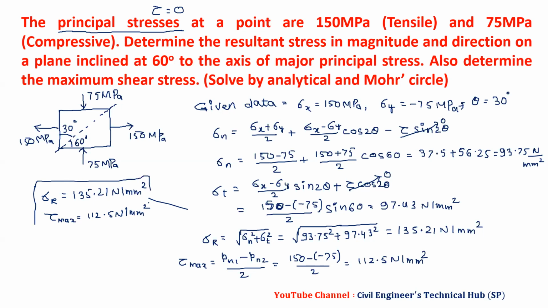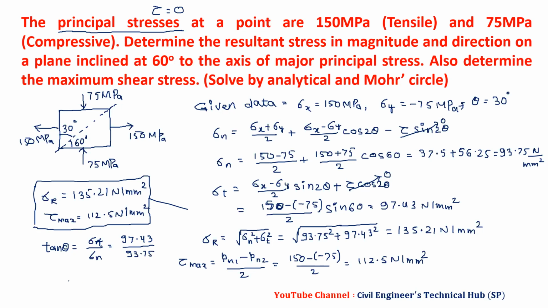And then find the angle of this. So we can have tan of theta of resultant equal to sigma t upon sigma n. You can see it in Mohr's circle; you have to solve by Mohr's circle. So sigma t I have 97.43 upon 93.75.